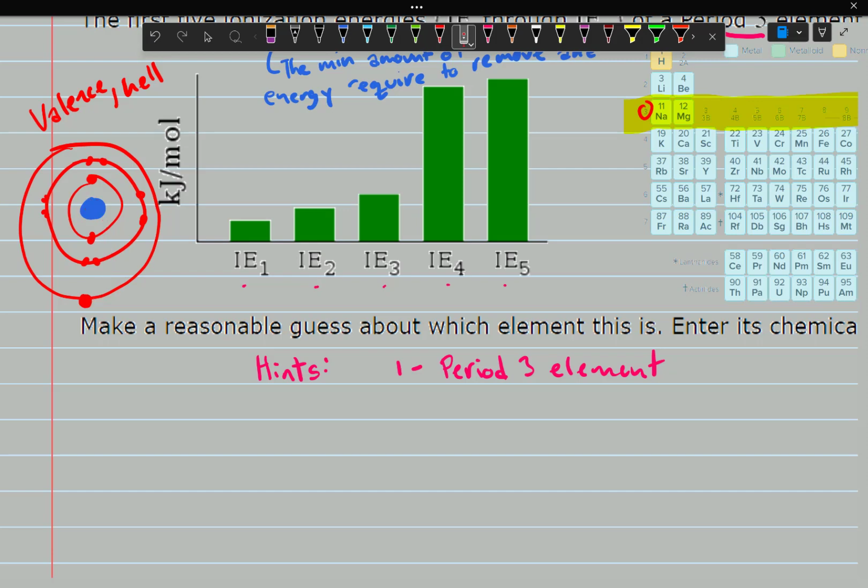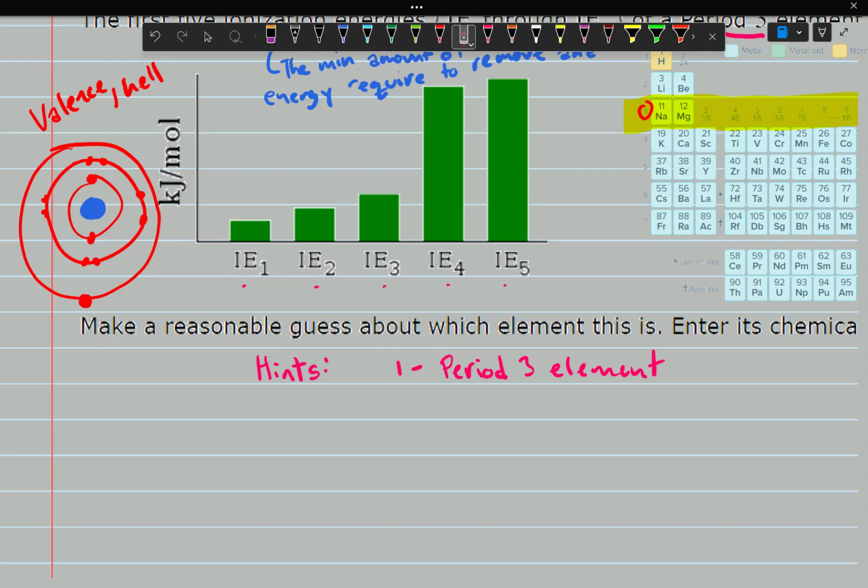However, this outer electron is going to experience a lot less of a force than, say, this inner electron, which is very close. So the attraction between this inner electron and the positive nucleus is going to be very strong.